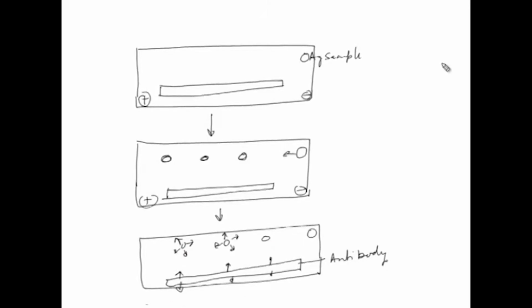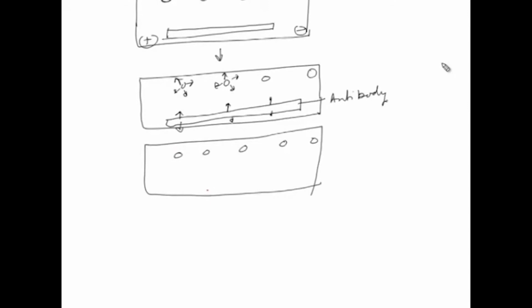So, what would be the result? After some time, like incubating overnight, you will find these kinds of patterns, and you have antisera here. You will find the precipitin lines for these samples after incubating overnight.